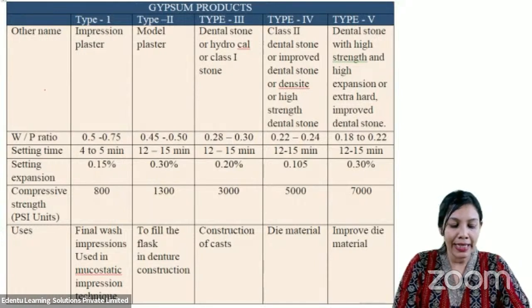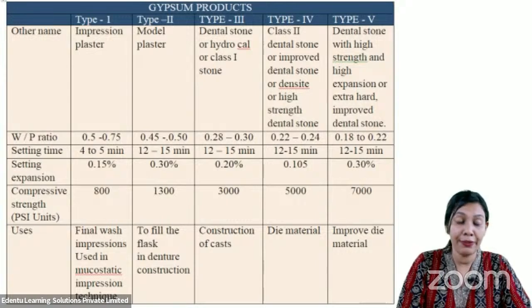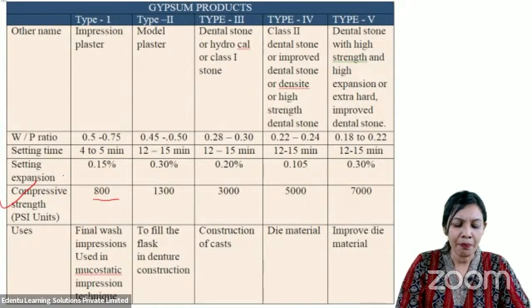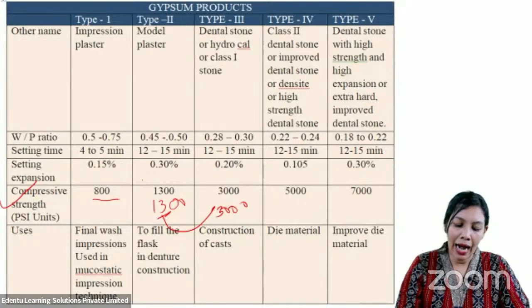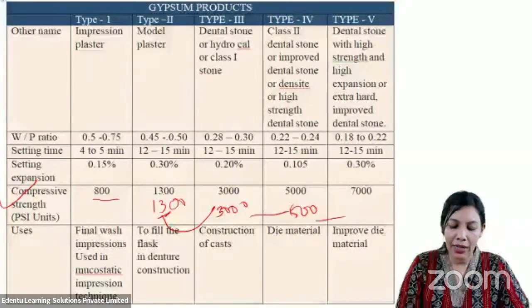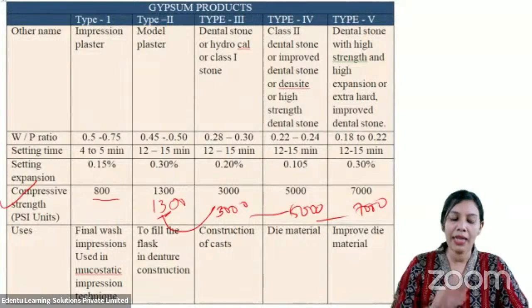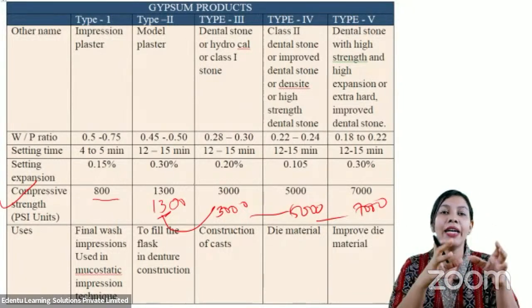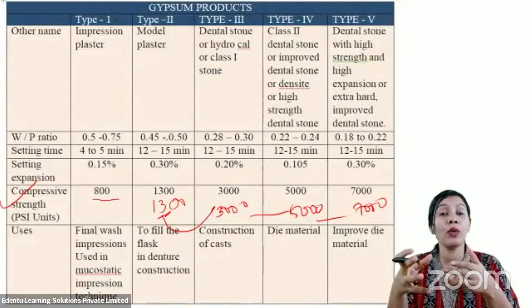First of all, the first slide has already been explained, that is the various types of gypsum products. Next, going to the compressive strength. The compressive strength is very easy to memorize. See, it is 800 and again it goes to 1300. From that, you just take the 3000, add 2000, 5000, add 2000, 7000. So that is the difference. Just think 8000, and it moves to 8 to 13,000, 1300.